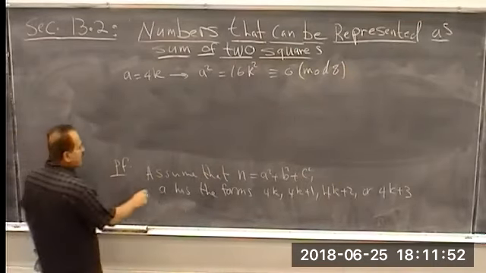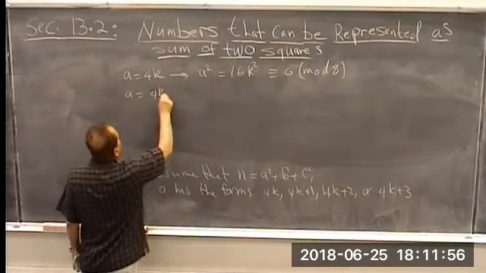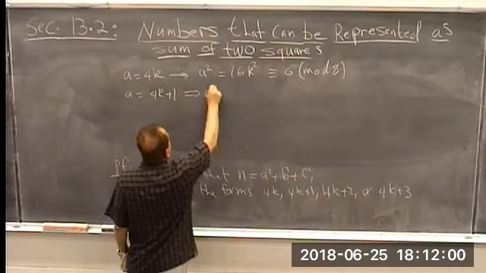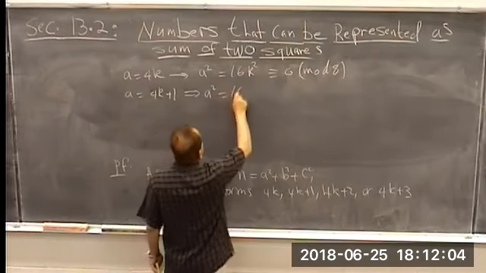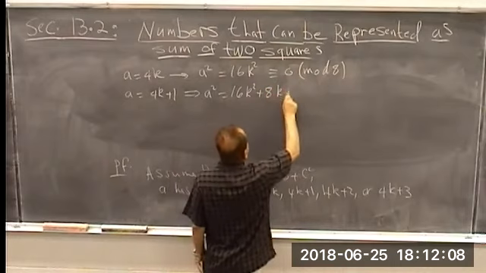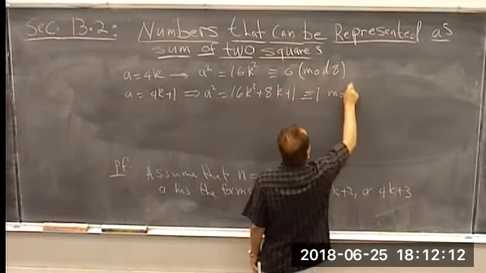Then let's look at the odd case, A equal to 4k plus 1, and this would imply A squared is equal to 16k squared plus 8k plus 1, and this is again congruent to 1 mod 8.